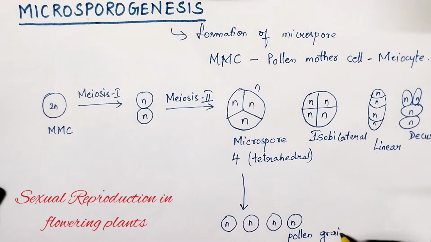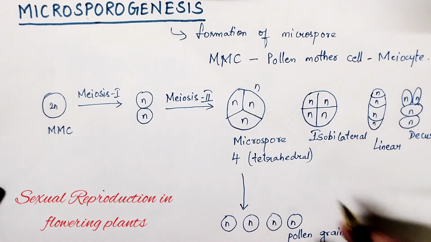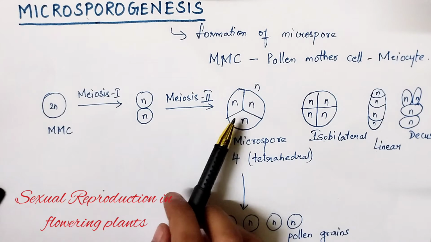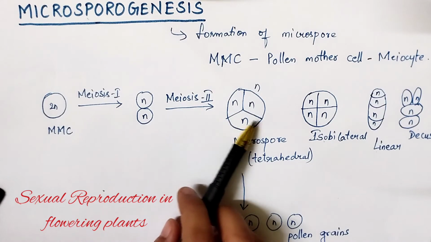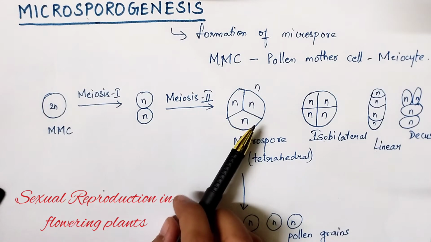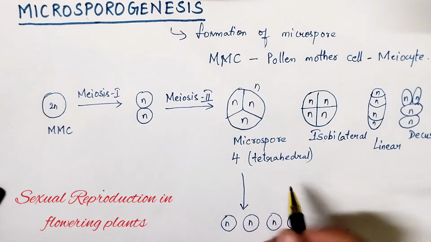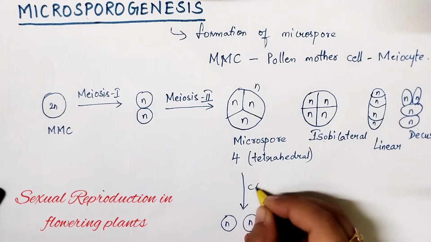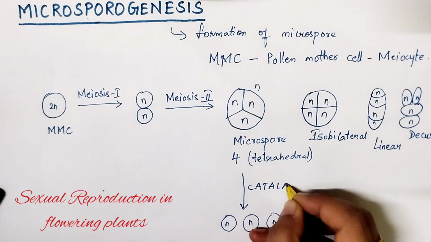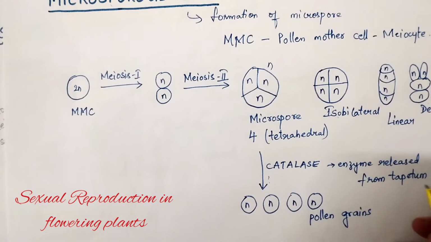pollen grains. In the previous class, I mentioned that because the microspores are attached with each other, they will be separated only with the help of an enzyme called catalase. There is a small correction here.